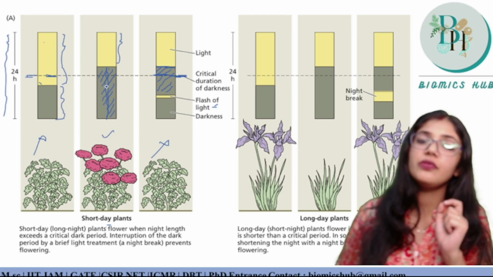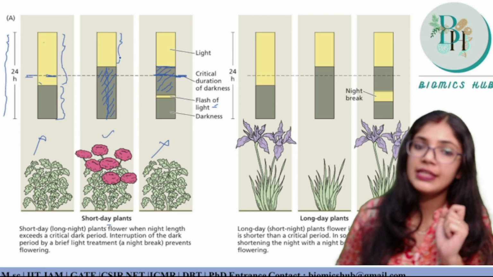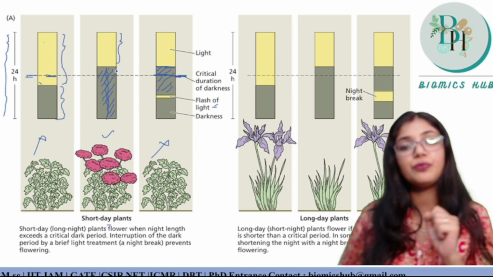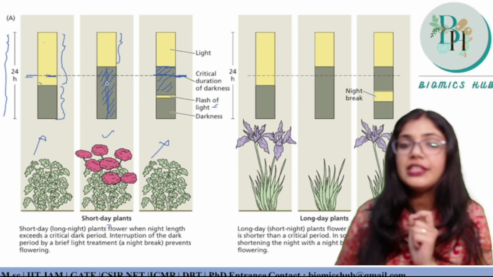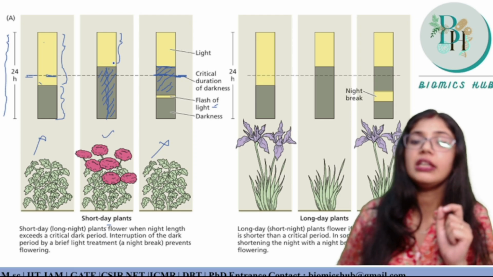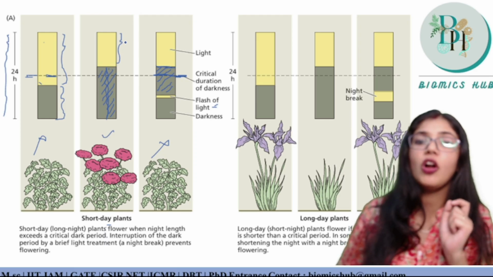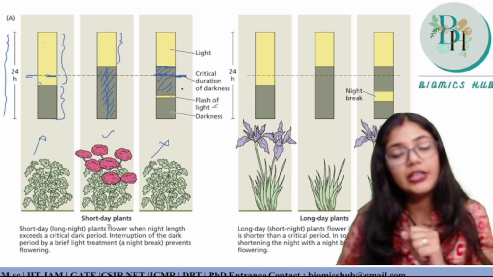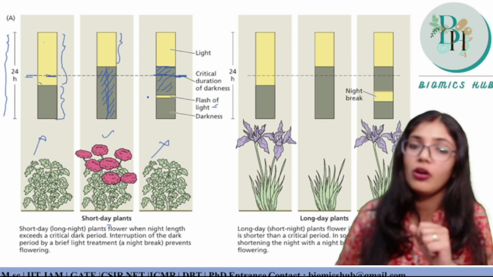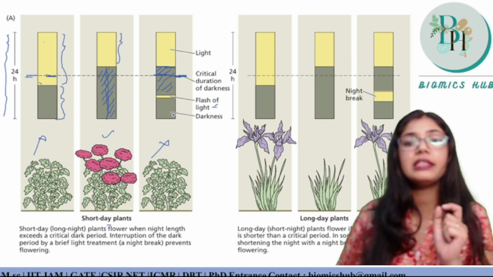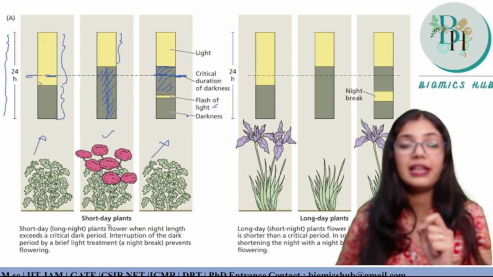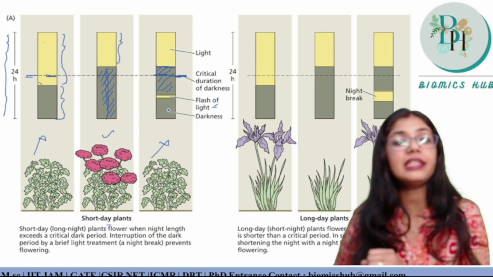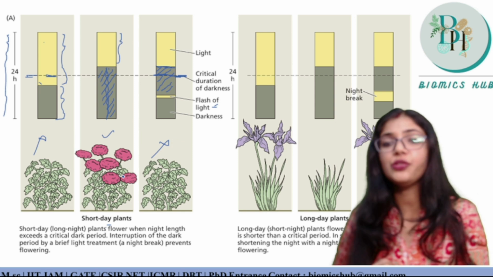In the second case the light condition is less and the dark condition is more. That is the reason the flowering is taking place, because the requirement is short day. In the third condition there is a long night, but there is a breakage, a flash of light is given to it, due to which there is a night break. That is the reason there is no flowering.